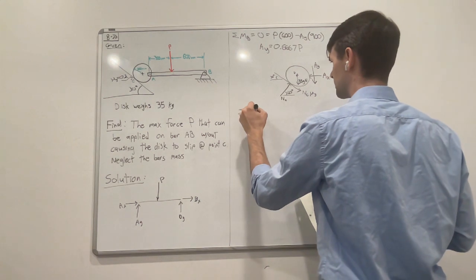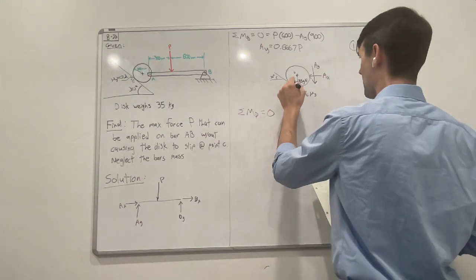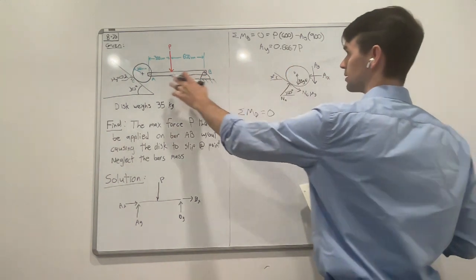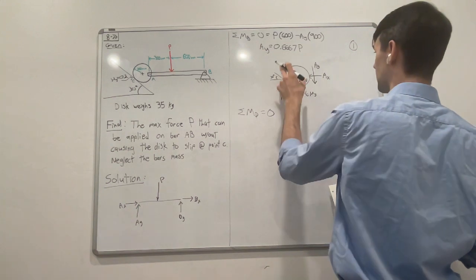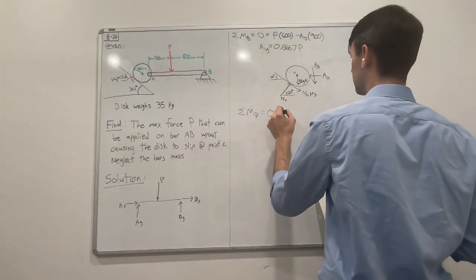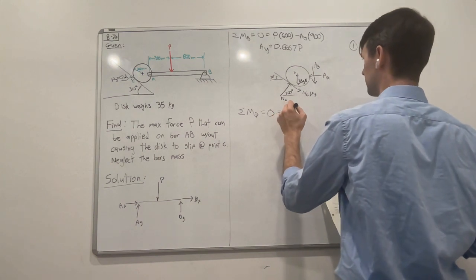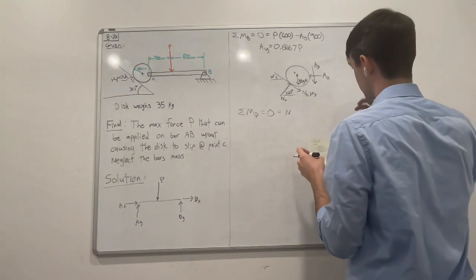So I'm going to say sum of the moments about point D, which is what I'm calling the center of my disk, equals 0. And all I'm wound up with, right, the diameter of this disk is 200 millimeters. And because all these are tangential, AY and the friction force are tangential to the disk, I can just use that distance. So I can get NC, and the friction force will cause a positive moment the way I've drawn it.